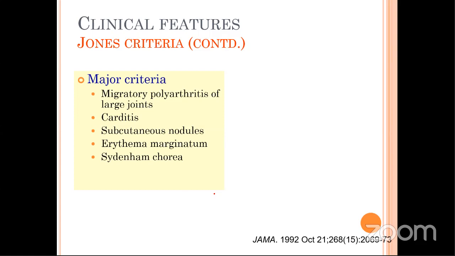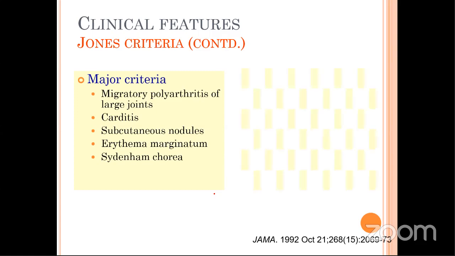Now when I tell you these criteria, keep remembering the case which I introduced to you when I started the topic. Keep remembering Prem, who came to your OPD. So: migratory polyarthritis of the large joints, carditis, subcutaneous nodules, erythema marginatum, and Sydenham's chorea.